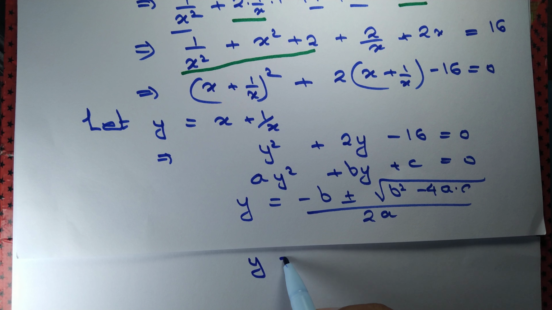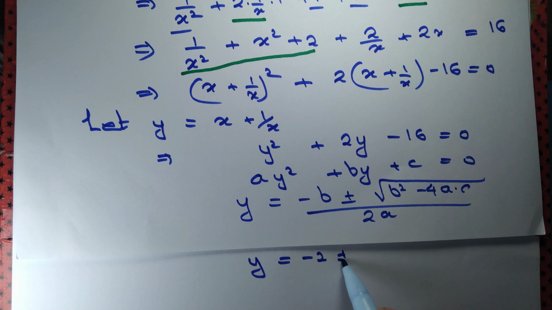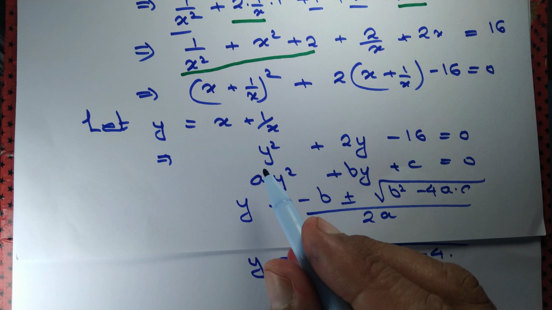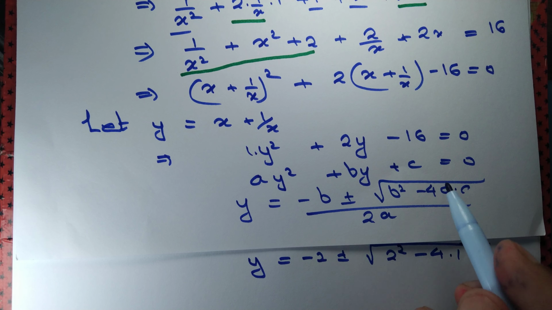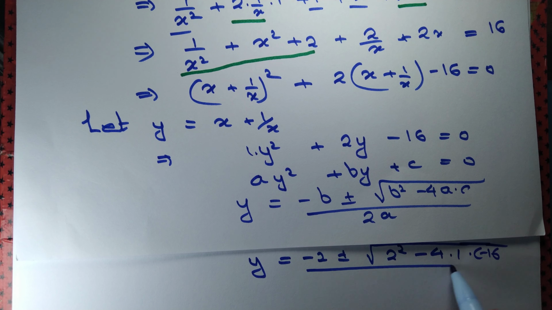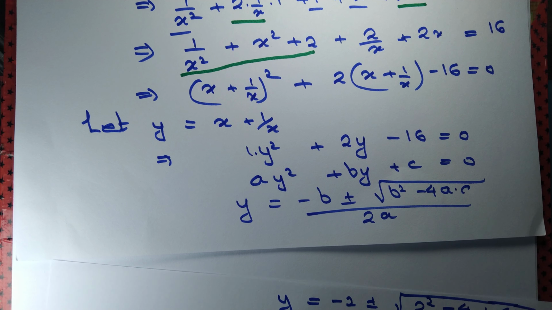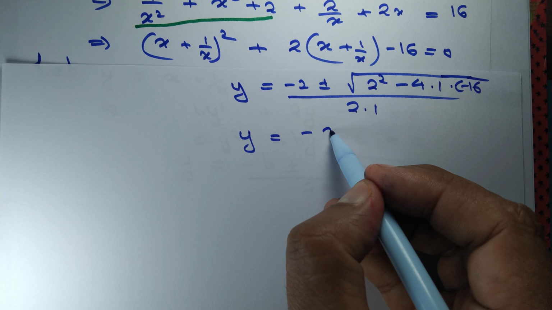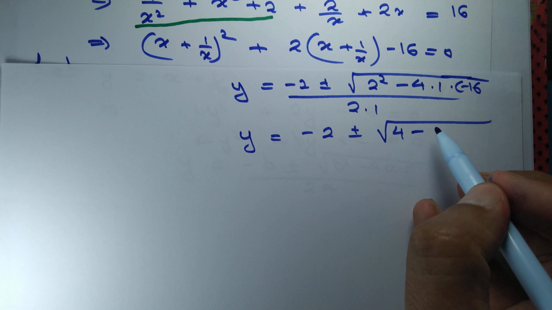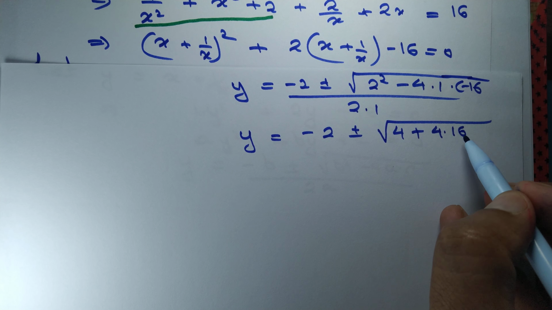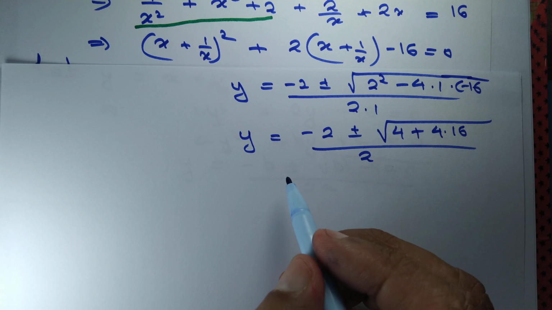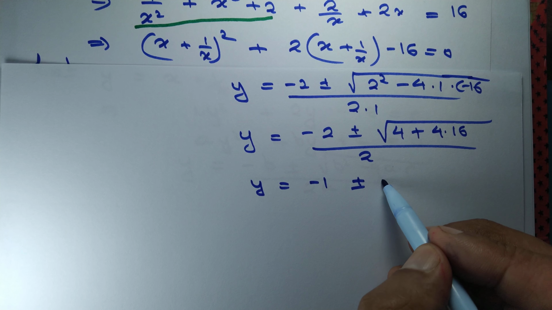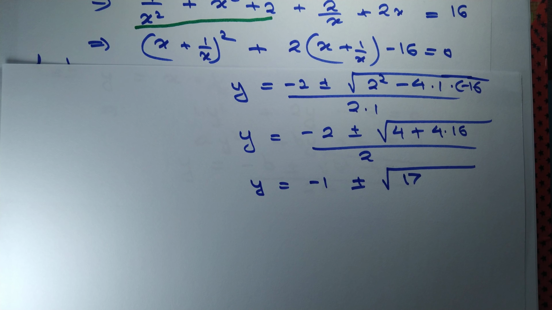And so y equals minus 2 plus minus root over 2 square minus 4 into a, which is 1, into c, which is minus 16, divided by 2 into a, that's 1. That implies y equals minus 2 plus minus root over 4 plus 4 into 16, divided by 2. We can take 4 common, so the square root of 4 is 2 and the 2 can be cancelled. So we will be left with minus 1 plus minus root 17.